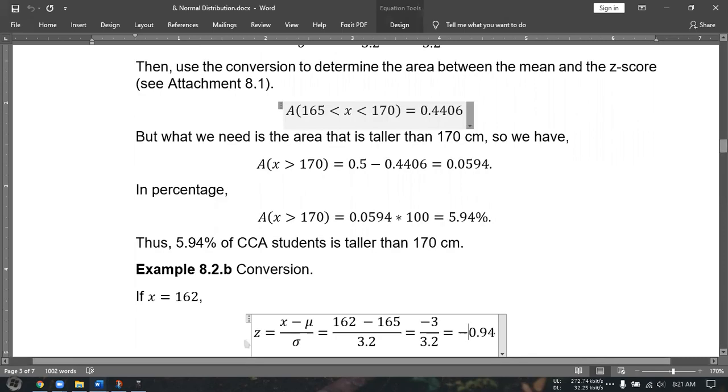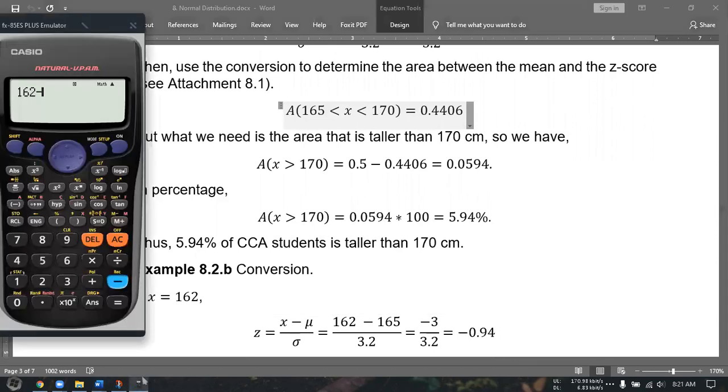Again, this is the conversion. 162 minus 165 divided by 3 is negative 0.94. And since this is negative, clearly 162 is less than 165. So 162 is located somewhere on the left side of the mean.